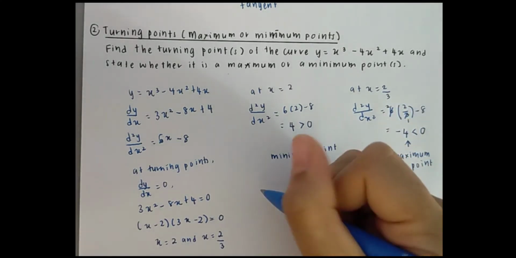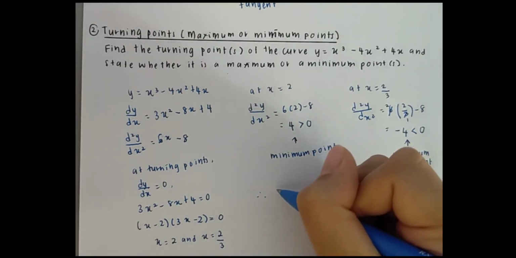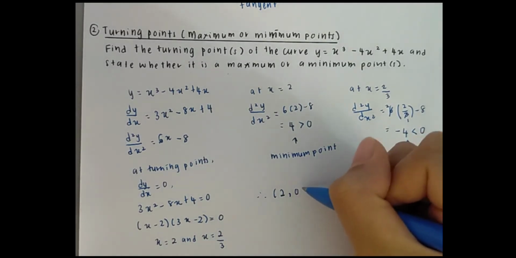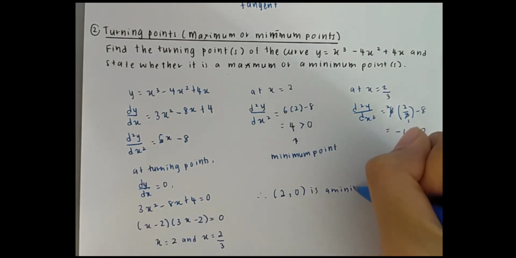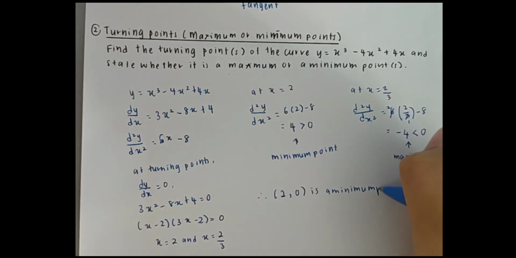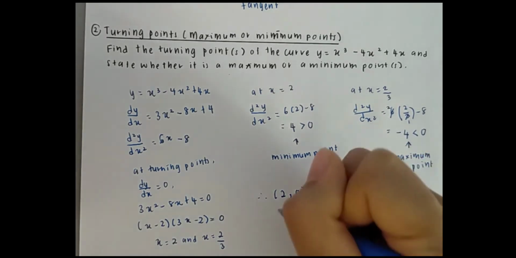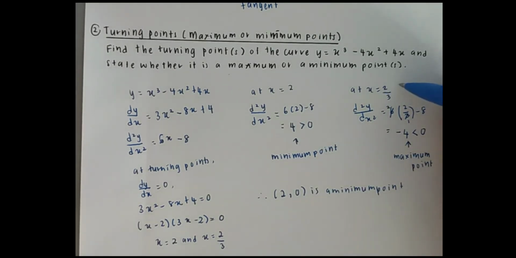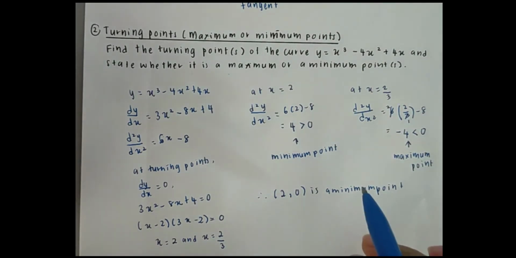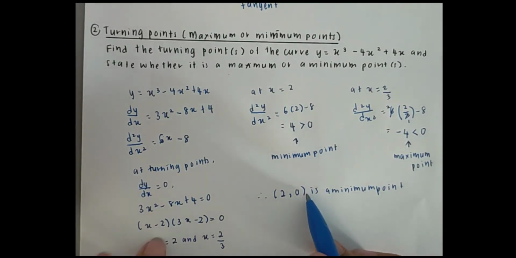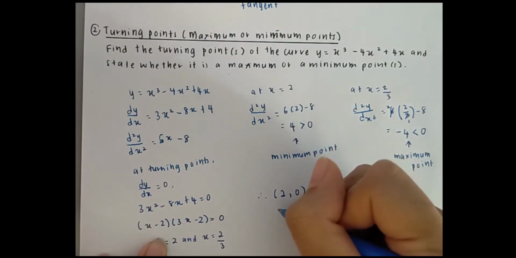Hence, (2, 0) is a minimum point, and at 2 over 3, when x equals 2 over 3, the value of y is 32 over 27.